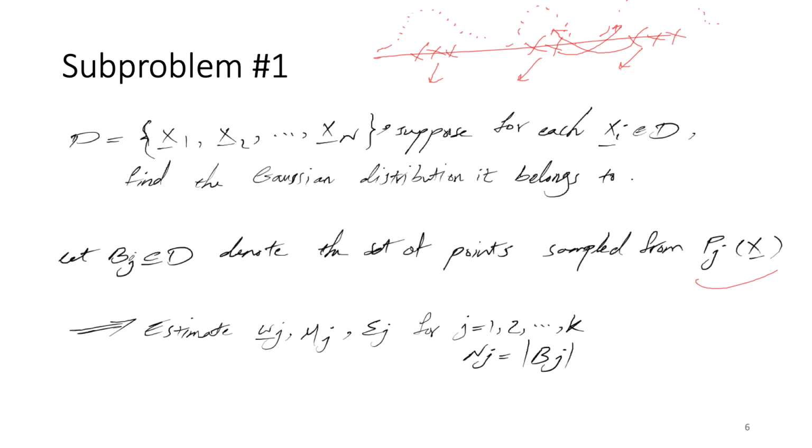And then we use the Gaussian mixture model, defined by the weights, the mu's and the covariances, the sigmas, for all the j's, with the condition that nj is equal to the absolute value of Bj, right?